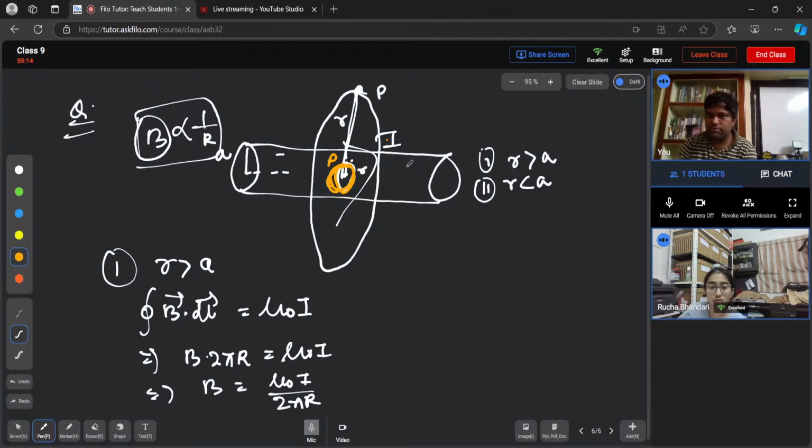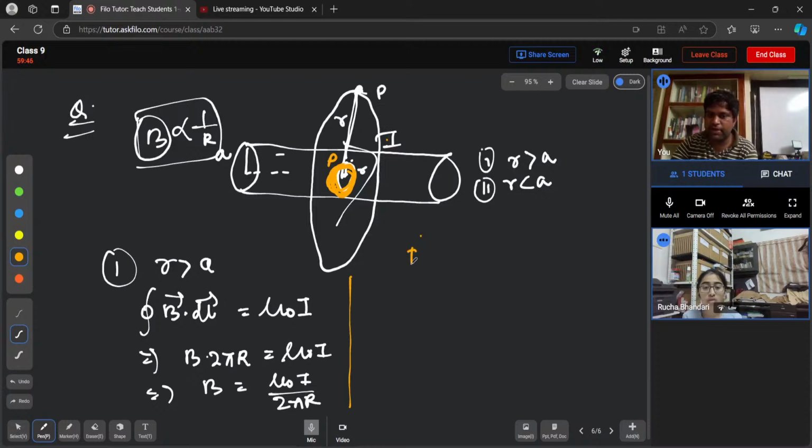Because if a loop is outside, the whole total I is flowing. But if we are considering a point P inside, then we are considering a loop which will have a smaller radius r, but this loop will not contain all the current I. A fraction of current, let's say I dash, it is containing.